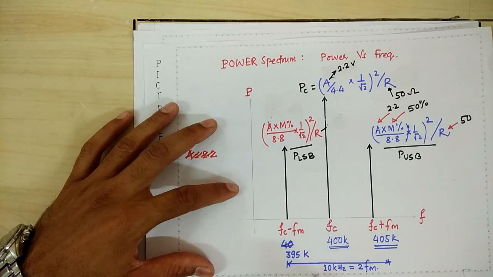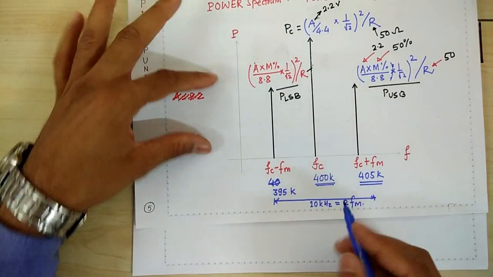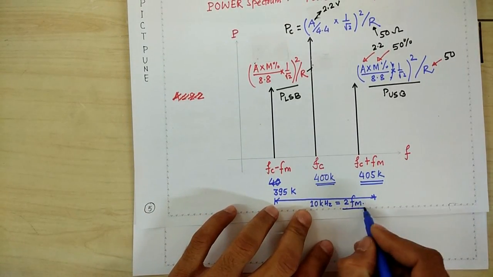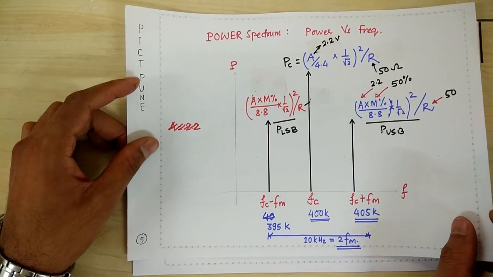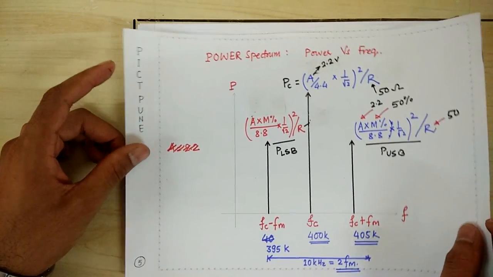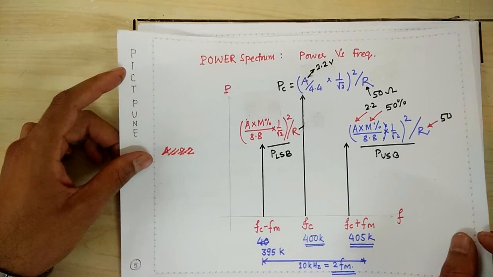And this is the bandwidth. We can see this is nearly 10 kilohertz, which is nothing but twice FM. So this is a complete theoretical analysis of this experiment for AM.